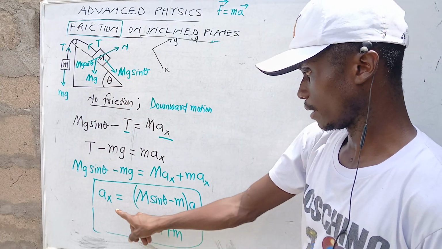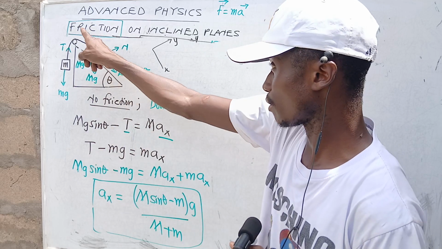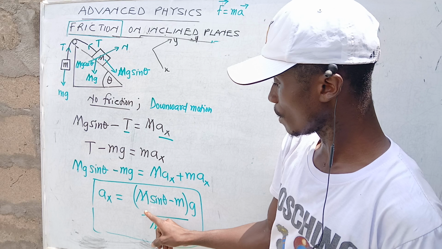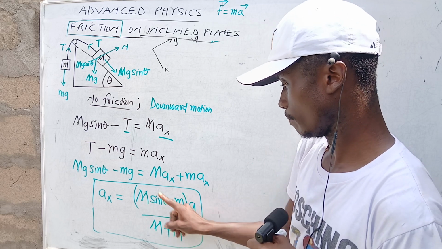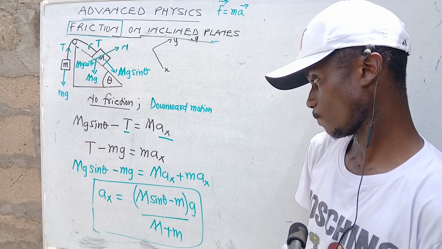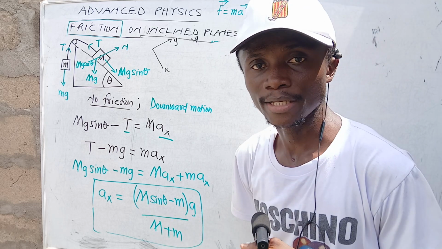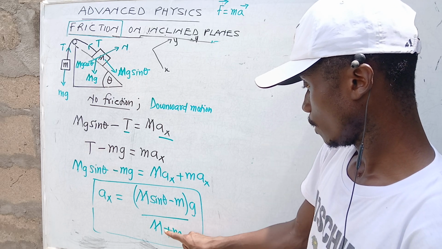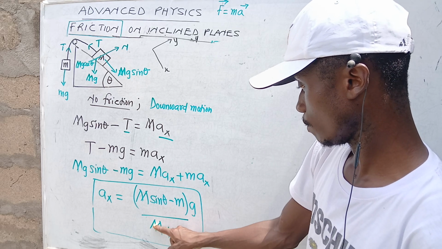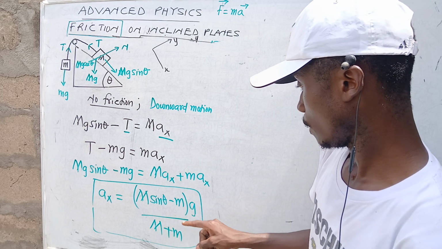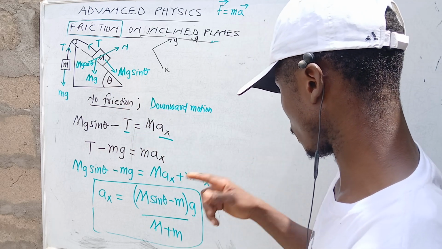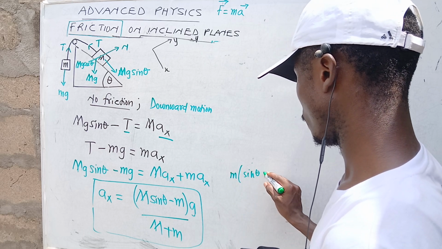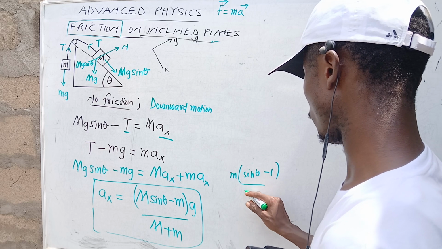So for a downward motion, it turns out that the acceleration in the x direction on the incline will be equal to capital M sine theta minus small m times g divided by M plus m. So when the two masses are equal, when this m is equal to this M, then you have 2m at the bottom, and so for equivalent masses, it is going to be m g out of sine theta minus 1 divided by 2m.